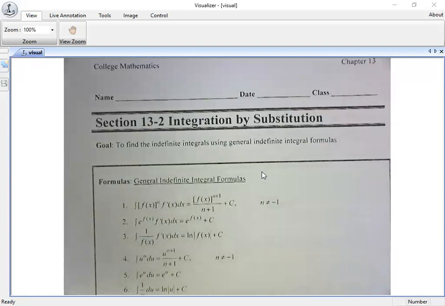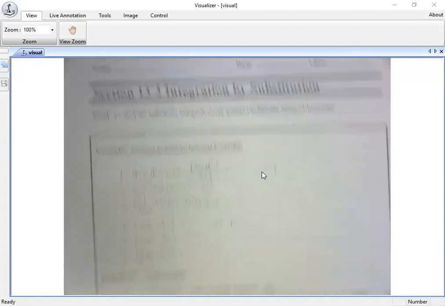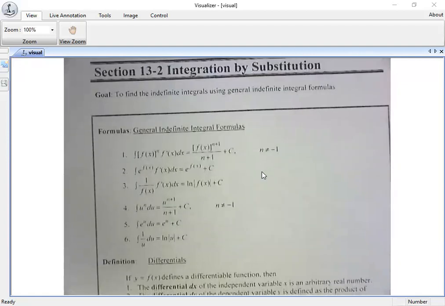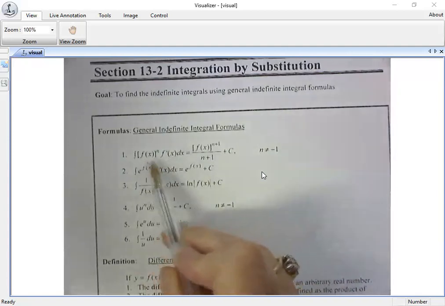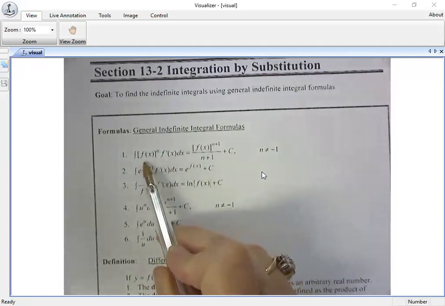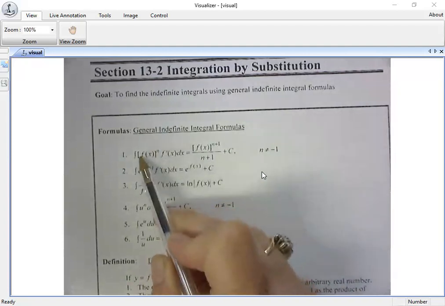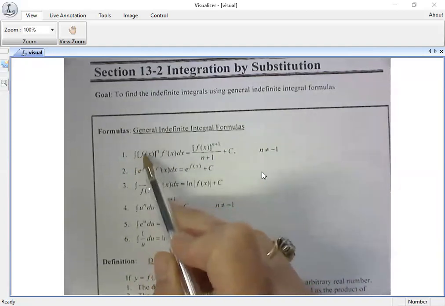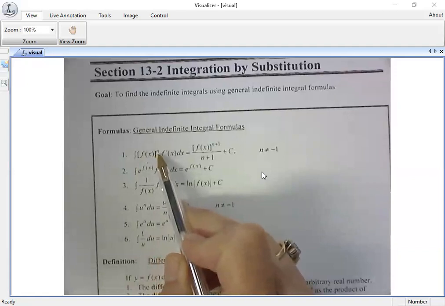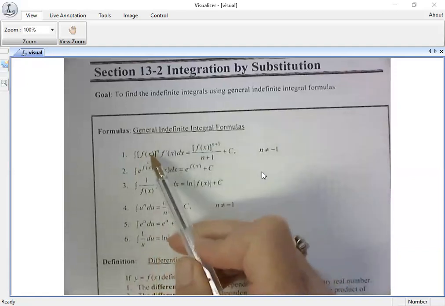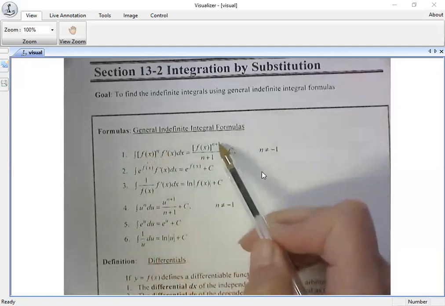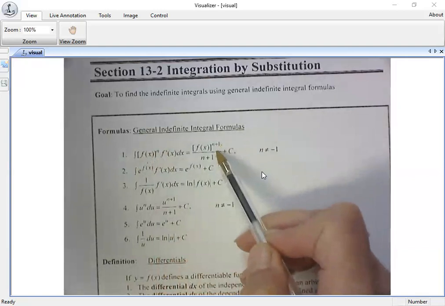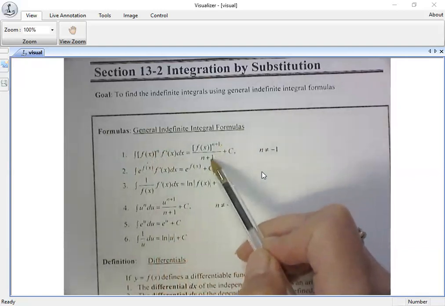So let me just show you how this is going to be useful. For instance, we know a rule that says if we are trying to integrate some function and there is an exponent on it, then the integration pattern says we could raise it to the next highest power, and divide by that new exponent, right?